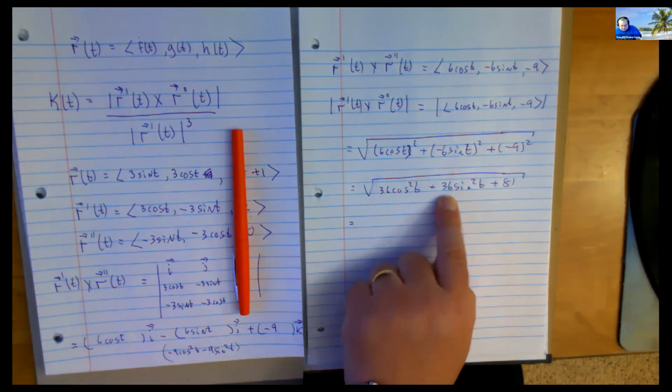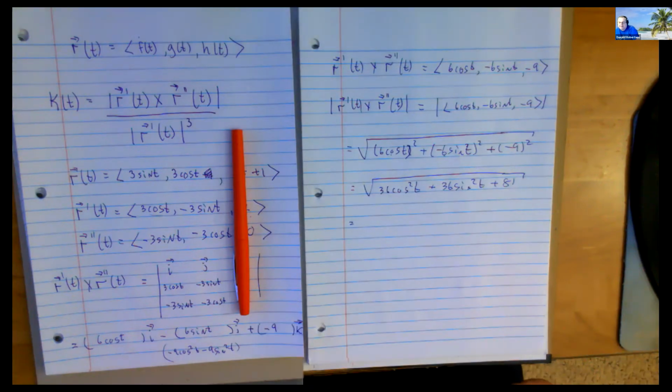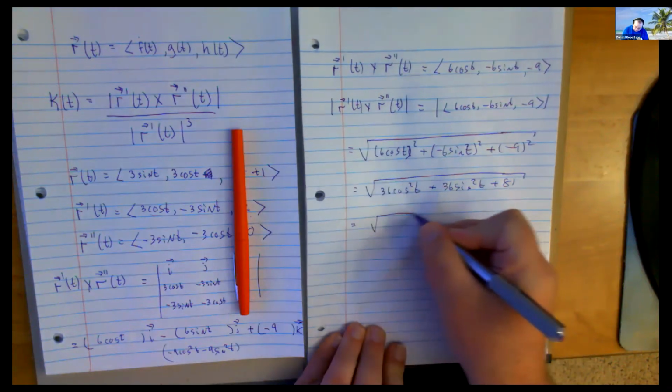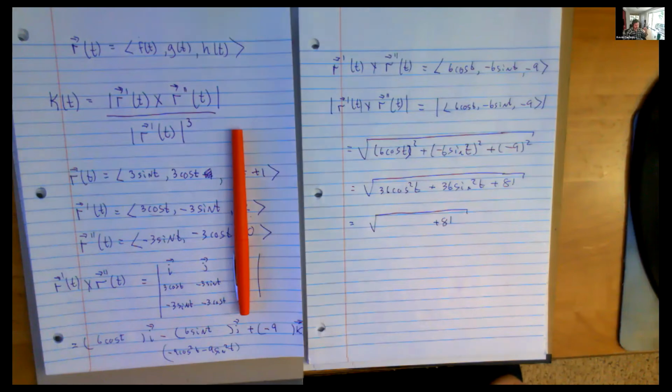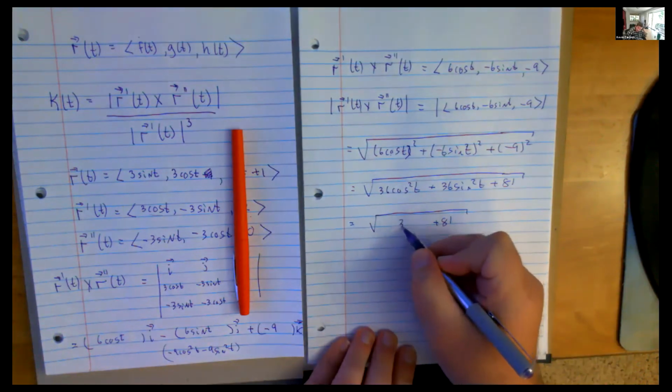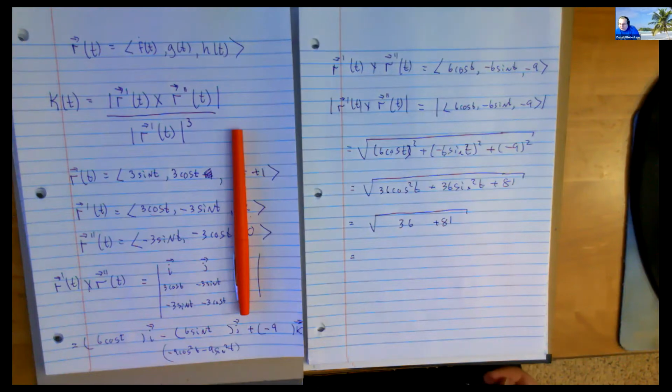What does 36 sine squared plus 36 cos squared get me then? Wouldn't it just be 36? Yep. See, the more times it happens, the quicker that question will get answered.